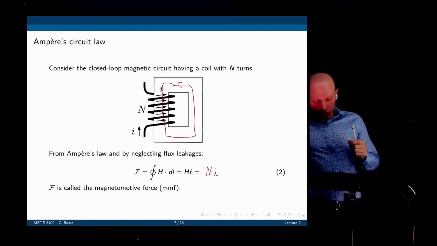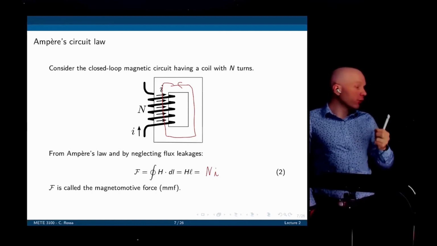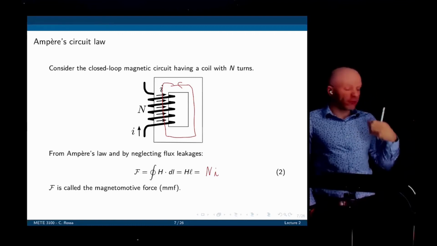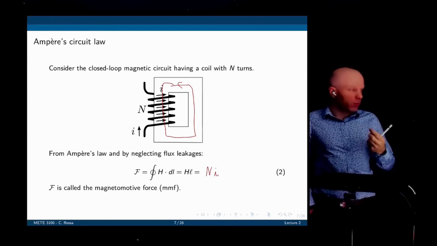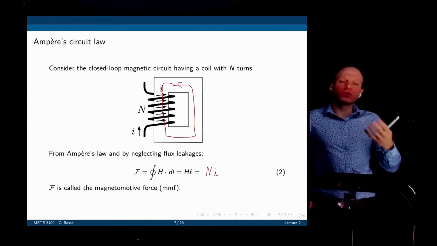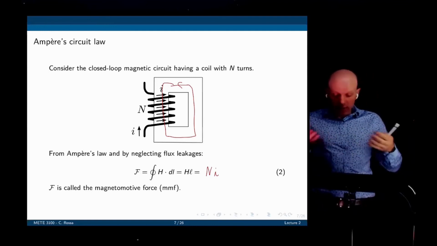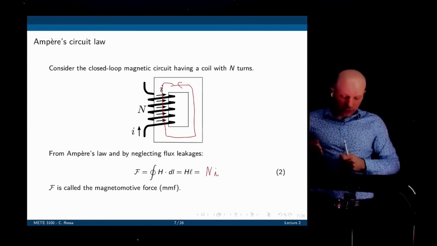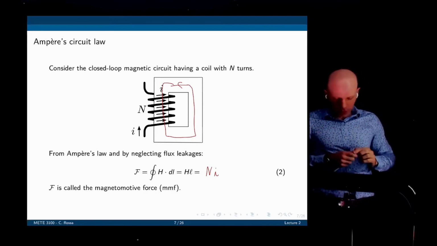And this Ni is what we call the magnetomotive force, what drives a magnetic flux or a magnetic induction in a circuit. Now, in the same way a voltage drives a current through an electrical circuit, the magnetomotive force drives a magnetic flux through a magnetic circuit, okay?